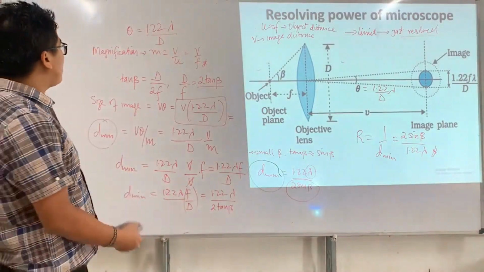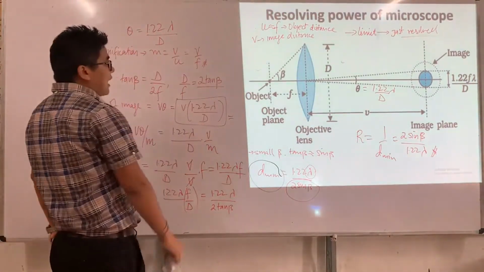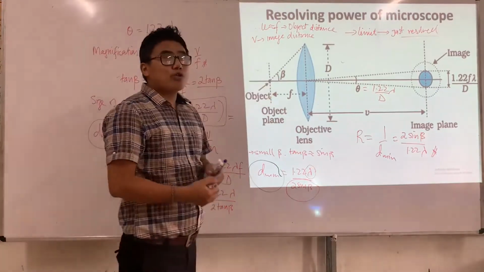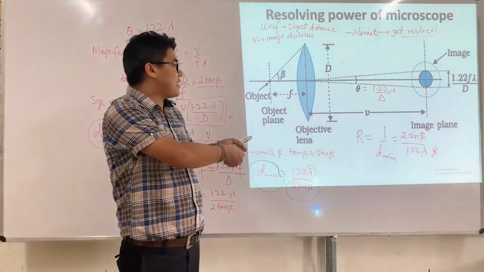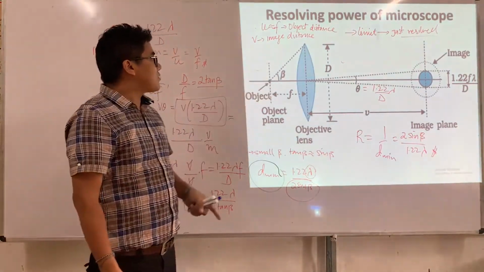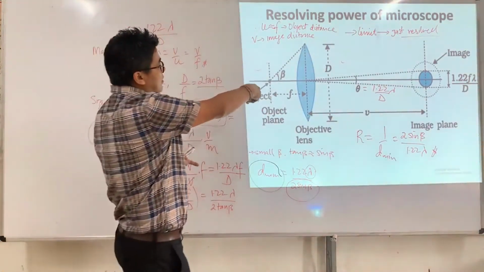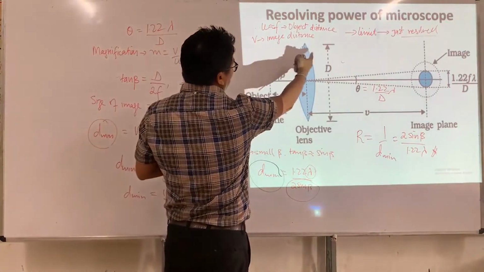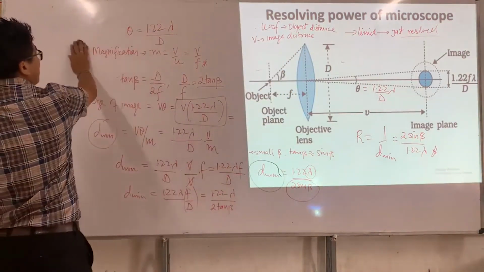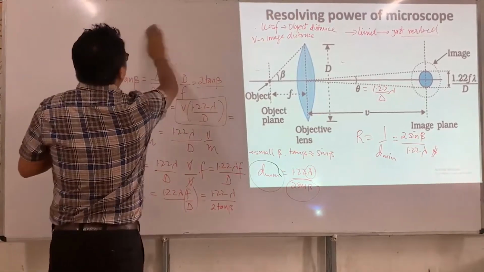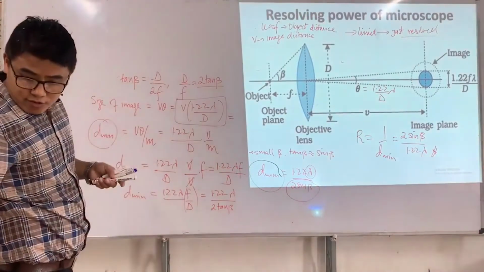And now, one more piece of information I would like to give you is, what if I put this in another medium of refractive index n? Then the bending from the glass is going to change. So we have what I call the effect of mediums.